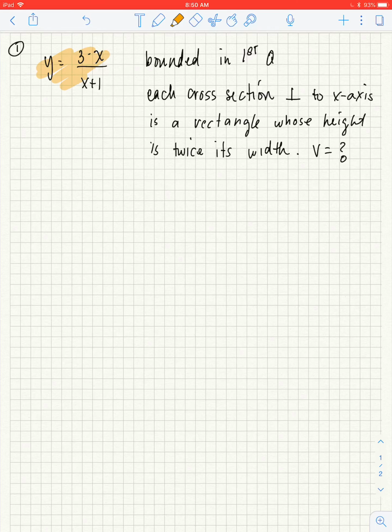the region that is bounded by this curve and in the first quadrant, so meaning the x and y axis. What it looks like is you would have a graph like this, and then I would just pick points. So if you plug in 0, you're going to get 3. If you plug in 1, right, you're going to get 1.